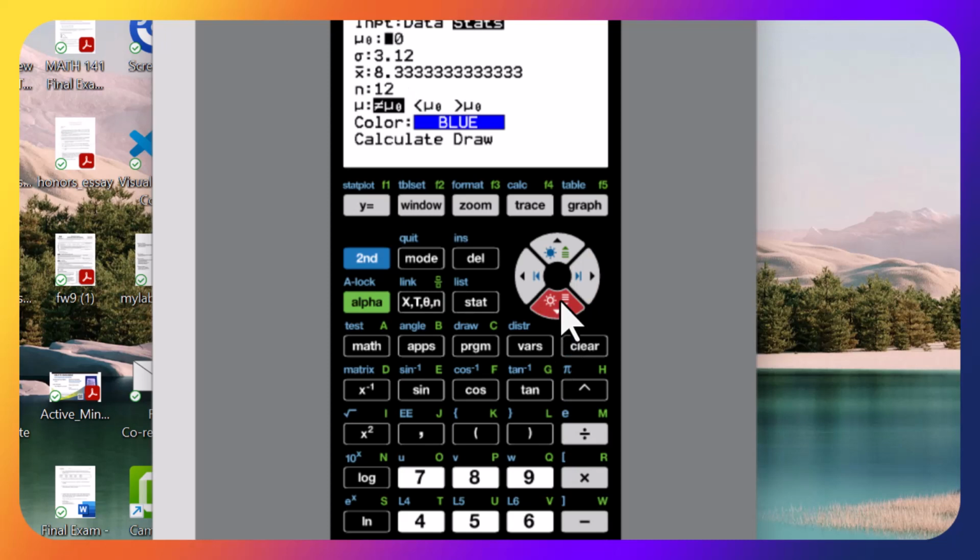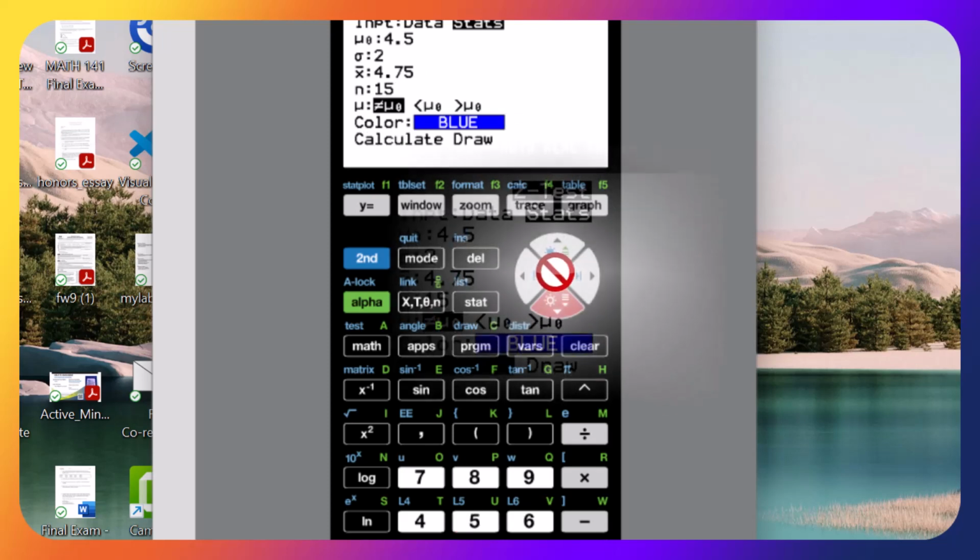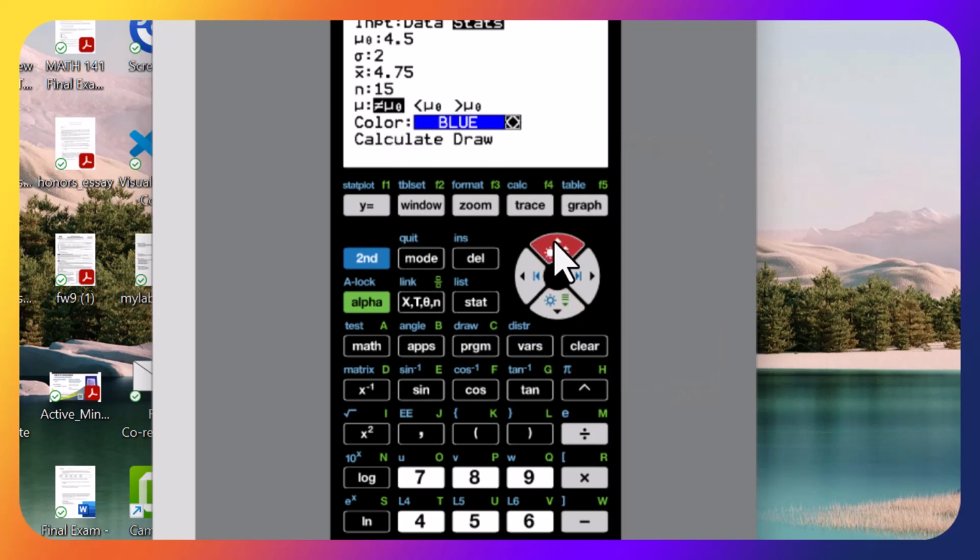Mu0 is what? 4.5. And sigma, you see that he put sigma, not s this time, 2. x bar is 4.75. And how many subjects did we have? 15. And we're testing the claim that the mean is greater now. So I'm going to choose greater than. I'm going to go here and press enter.